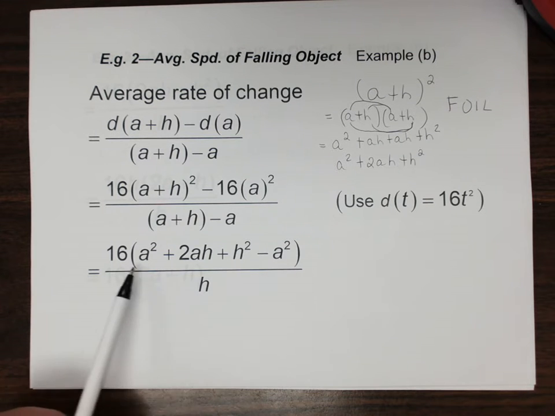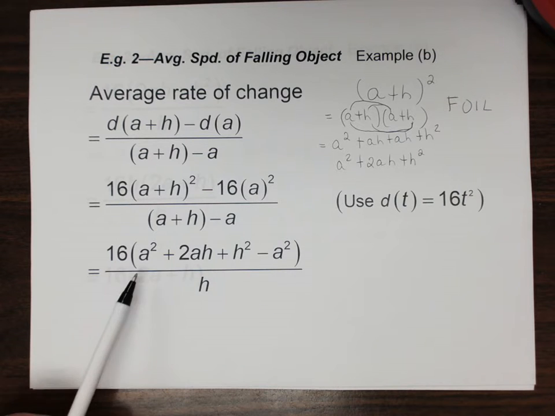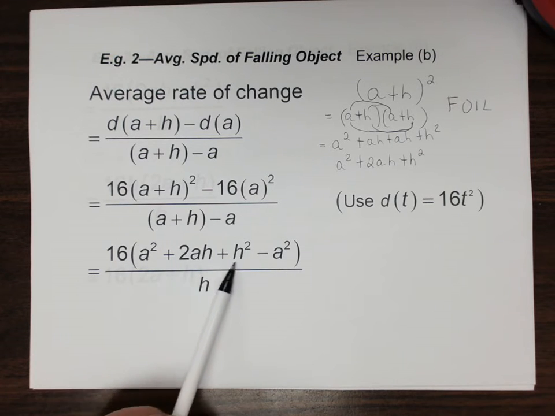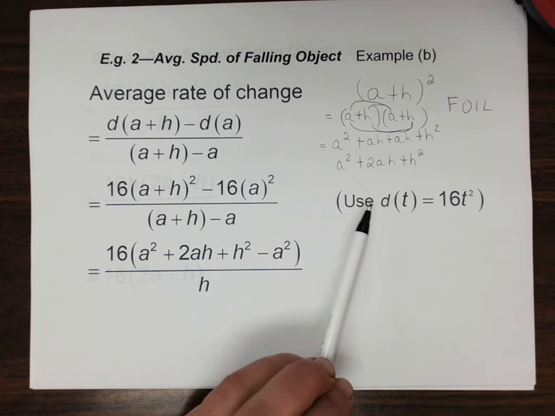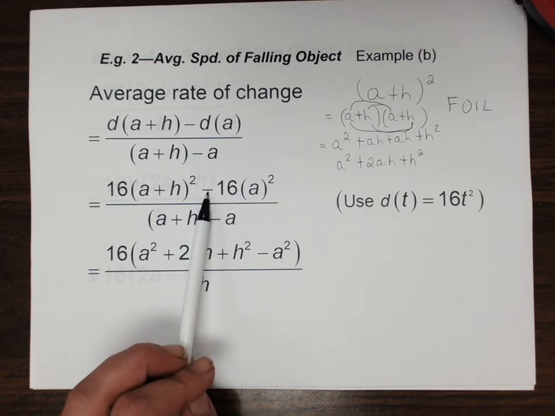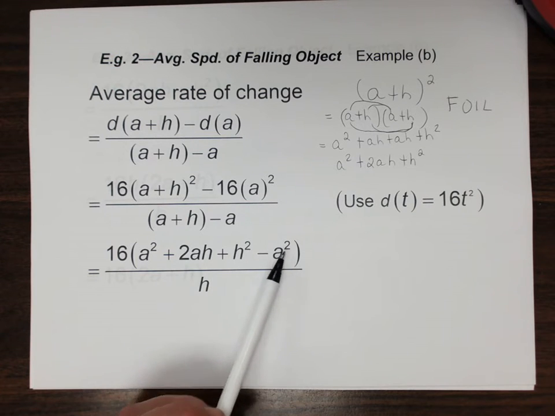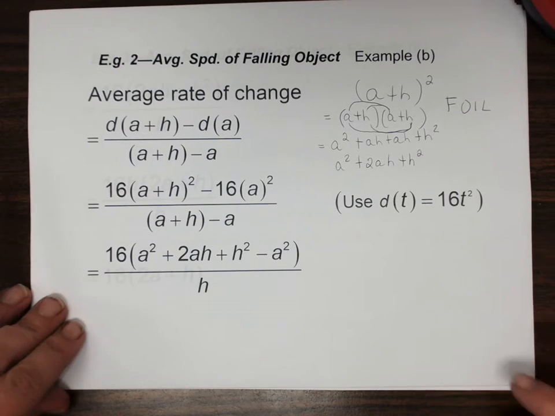So this first section, a squared plus 2ah plus h squared, came from this foiling we did. Then we're subtracting from that this a squared. So these two pieces here are going to cancel out.